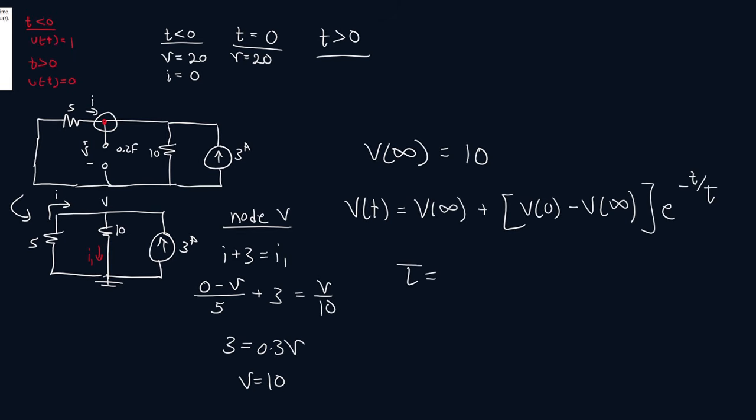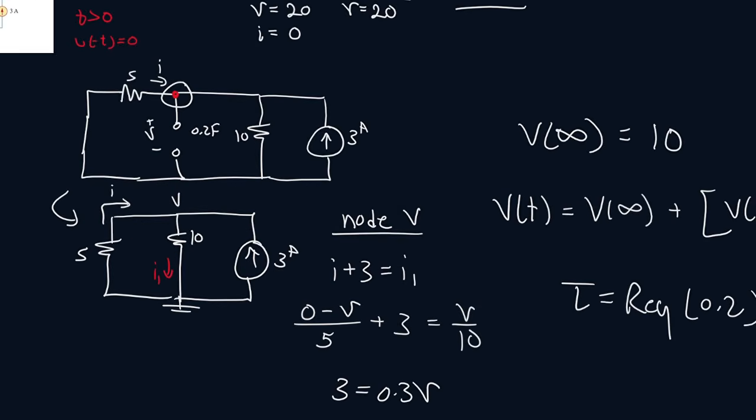So the time constant will be equal to the equivalent resistance between the capacitor terminals times the capacitor. Capacitor is 0.2 farads. I'll just remove the F. Okay, and the equivalent resistance will be pretty much between this terminal. So to find the equivalent resistance, we're going to turn off all independent sources. So this is just an open wire here, and we can just ignore it.